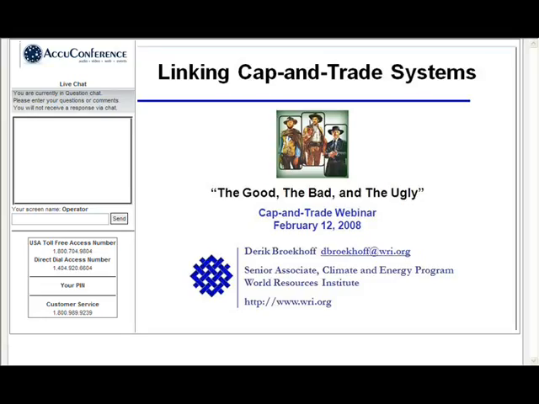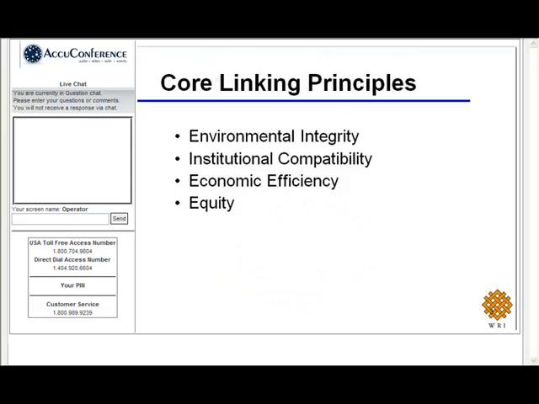And finally, what are the design options for cap and trade systems where you can have some inconsistency and differences between programs, and they probably won't be that important to a linking agreement. So in shorthand, what's the good, the bad, and the ugly of getting to an agreement on linking cap and trade programs?